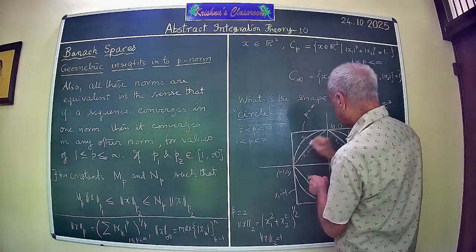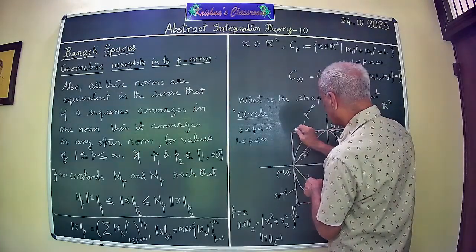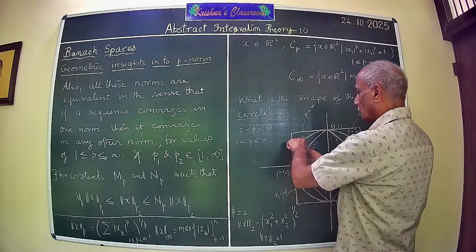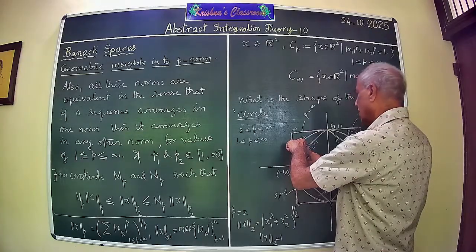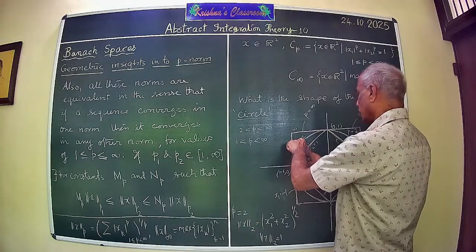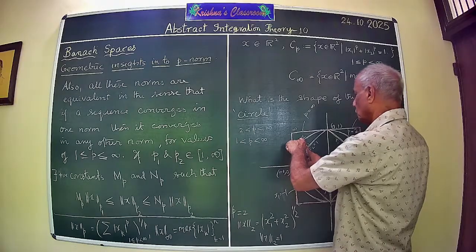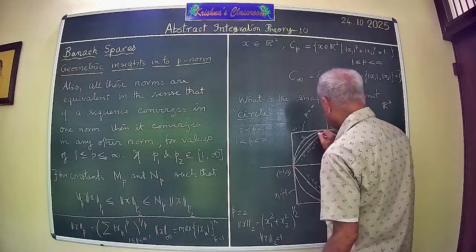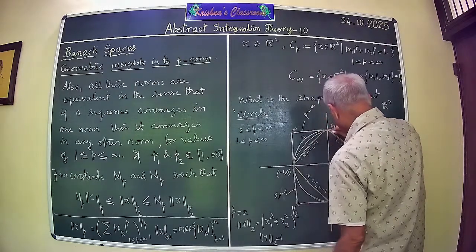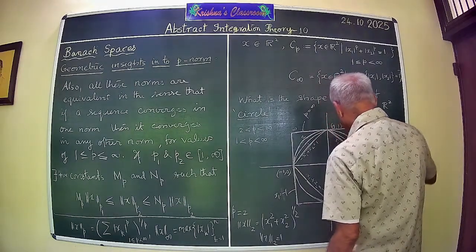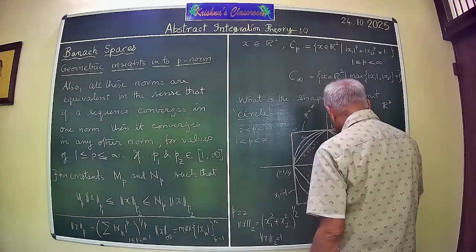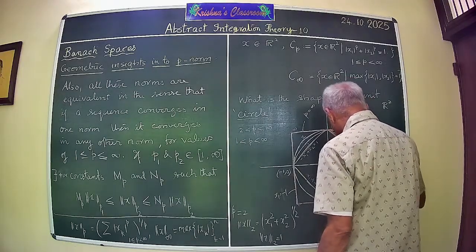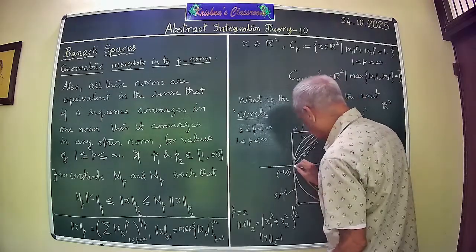This is the one corresponding to 1. This is the one corresponding to infinity. So for p greater than 1 and less than 2, it is going to be somewhere here. So this is a path like this, a convex path. You can actually draw this for some specific values and get convinced.